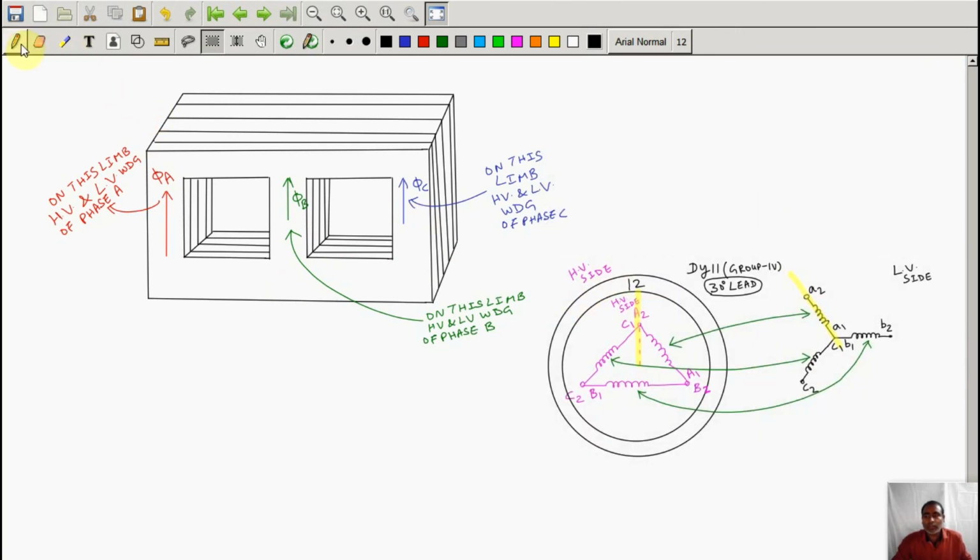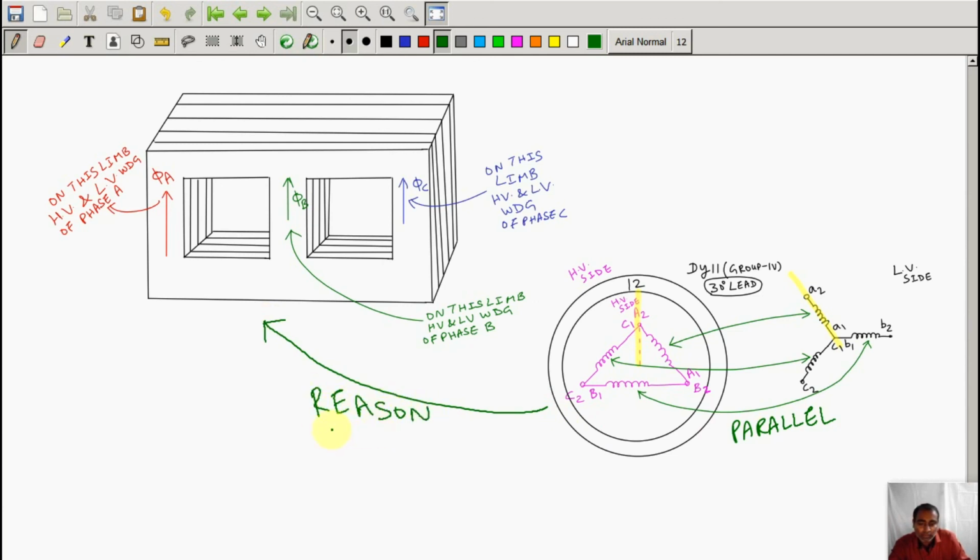If you want, you can have a correlation of why it was said that they should be drawn parallel to each other. This is the reason for that, that they should be drawn parallel to each other.